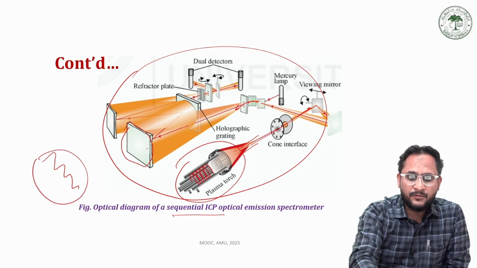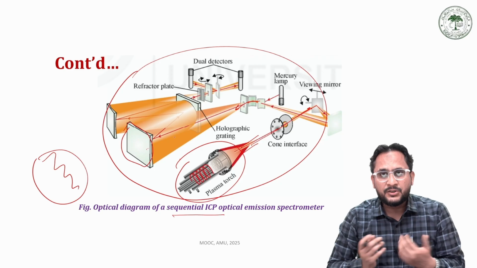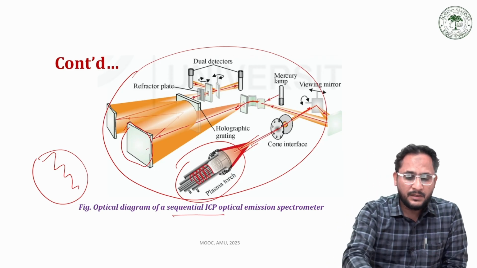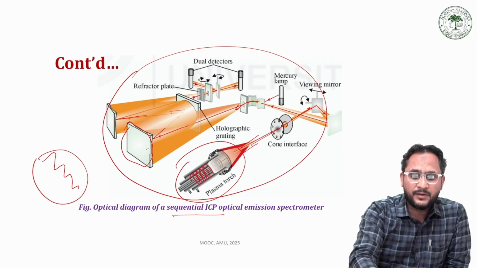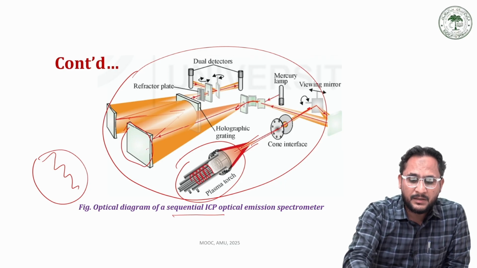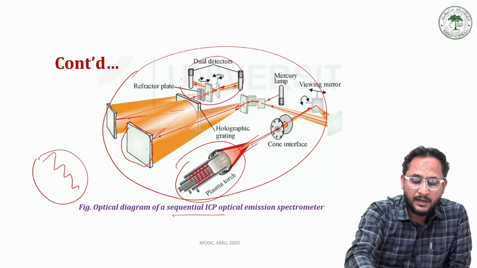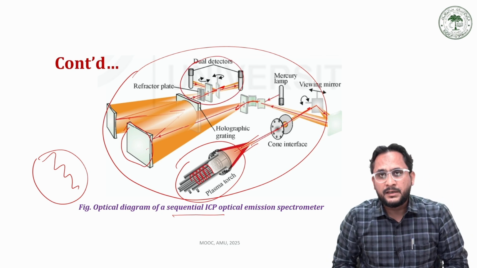When these light radiations fall here, they are distributed into different wavelengths. Then they again pass through a refracting mirror, and finally they pass through the exit slit, and they are detected on a detector.